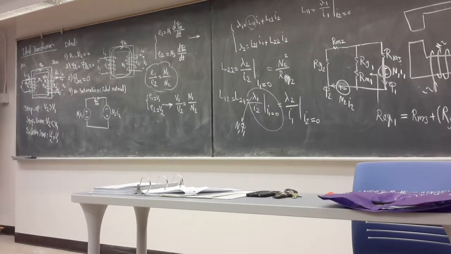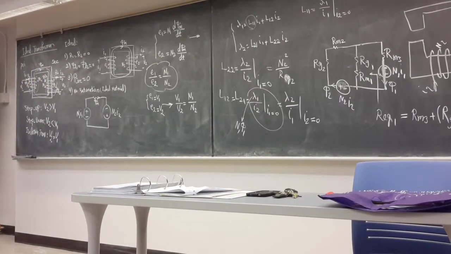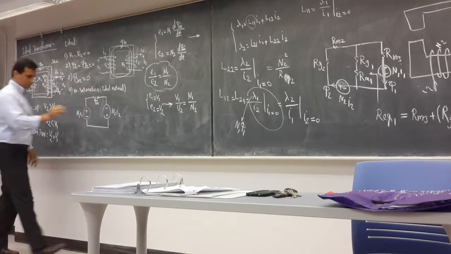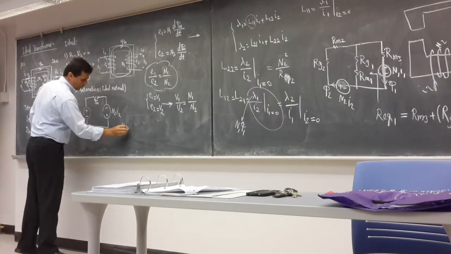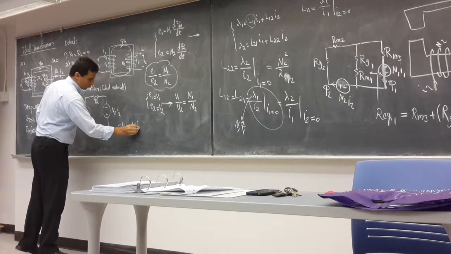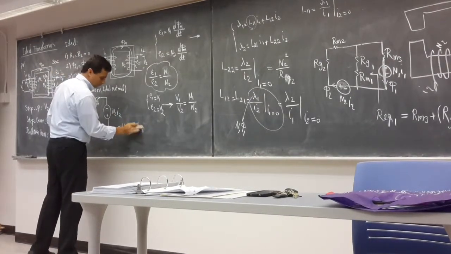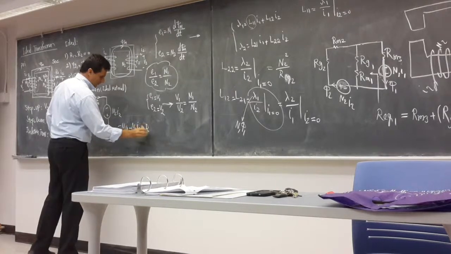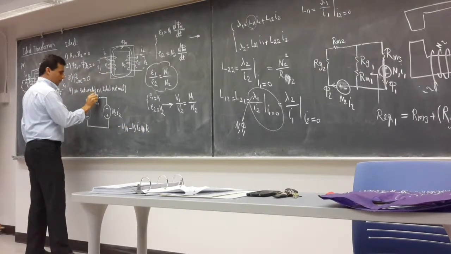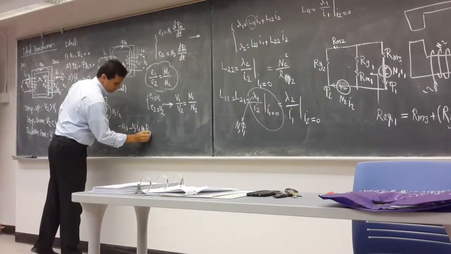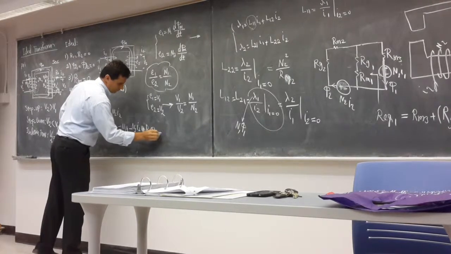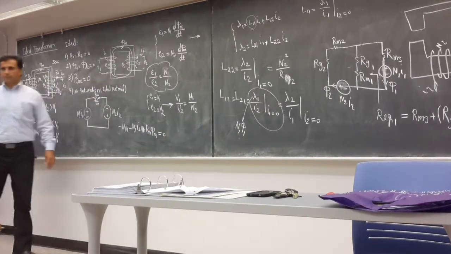Right. So if I write a KVL here, it's going to be minus N1 I1 minus N2 I2 is going to be equal to plus R_M times phi_M equal to 0.